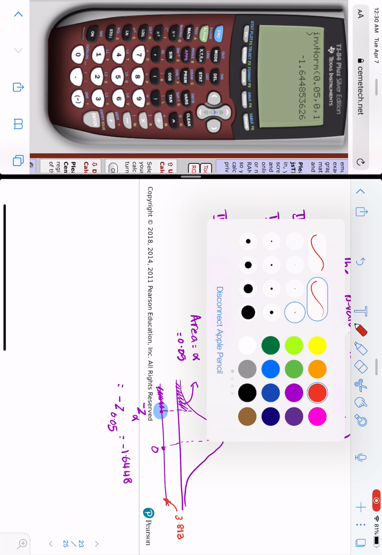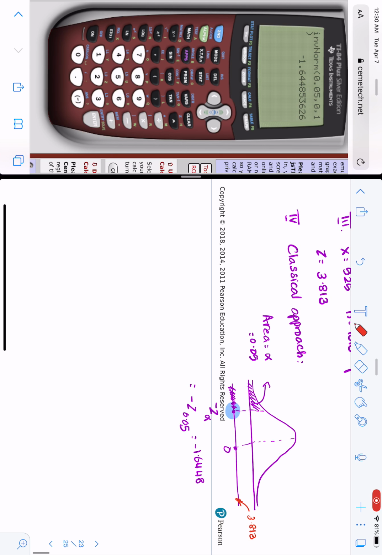If you notice, the test statistic doesn't fall in the rejection region, therefore we do not reject the null.